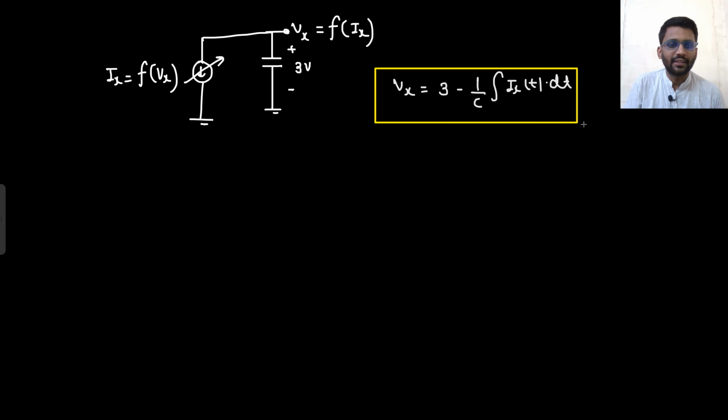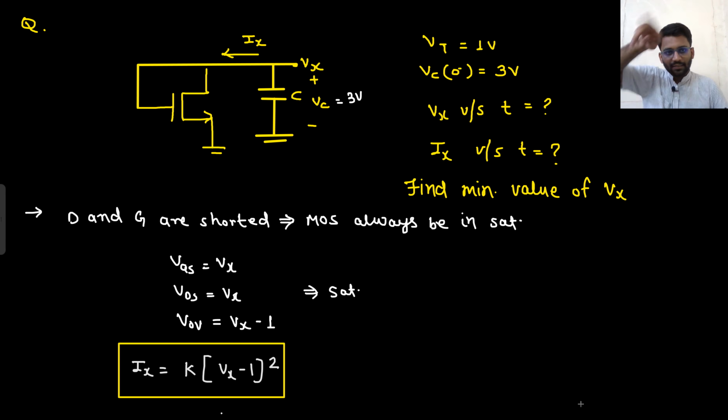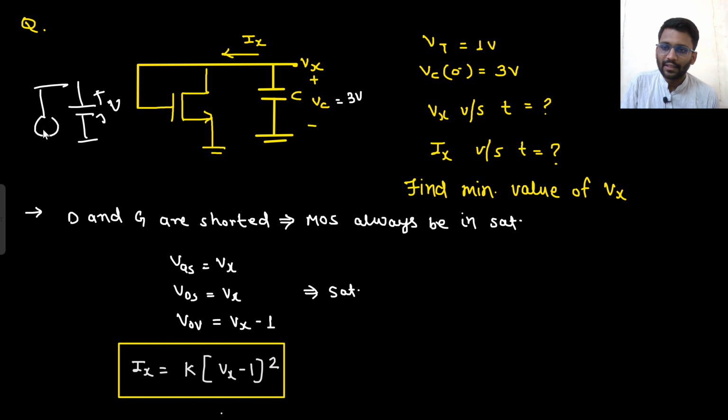So what is happening in this circuit is that initially there is some current which is discharging the capacitor. If the capacitor is getting discharged, that means the current is also getting low. Then this low current is also discharging. Say this is a capacitor at 3 volt. Initially it was getting discharged with 2 ampere current.